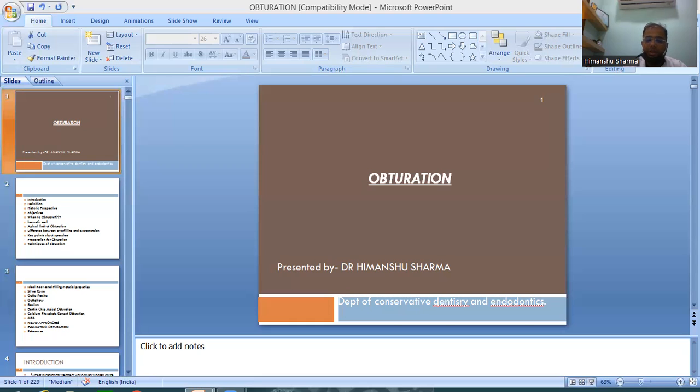Solid core carrier condensation includes Thermafil and Densfil, soft core and 3-D HGP and silver points. Apical third filling can be done by Lightspeed, simplified dental chip and calcium hydroxide. Injection or spiral filling is done by cement, paste, plastic and calcium phosphate.